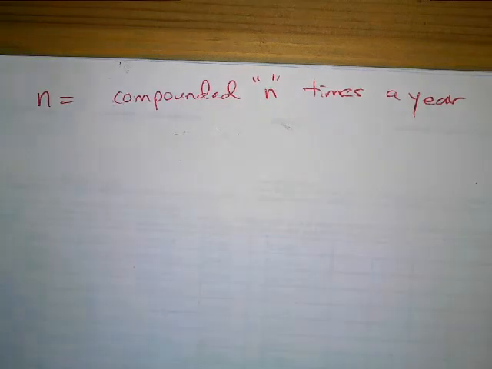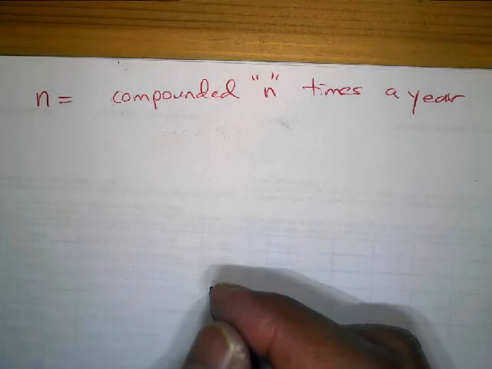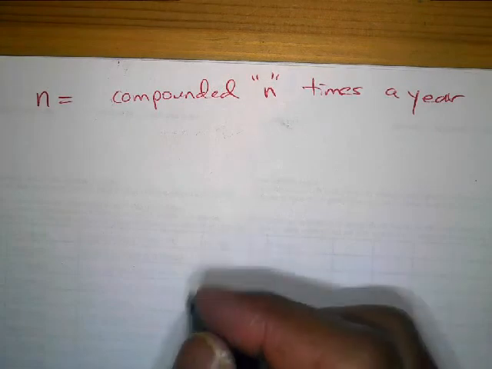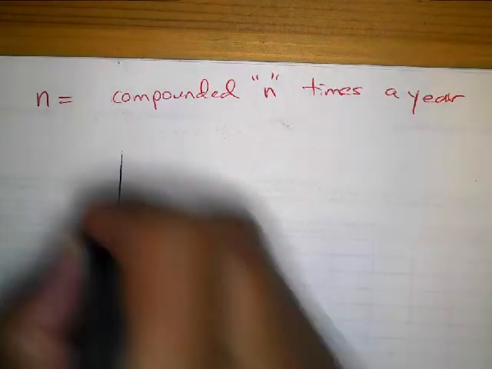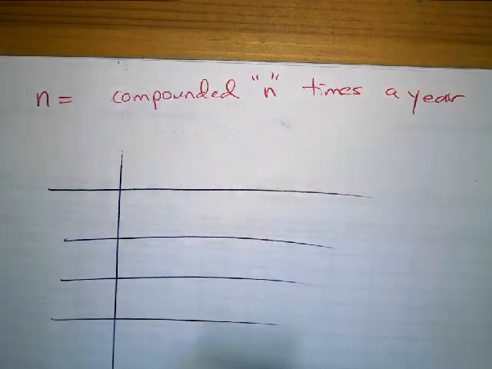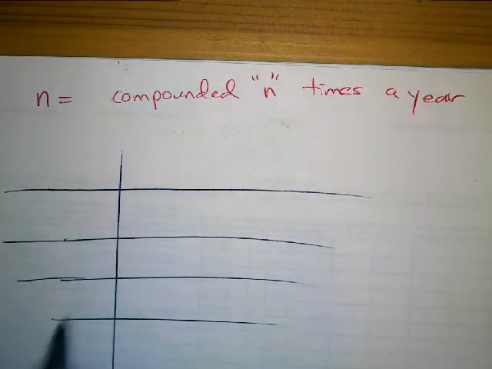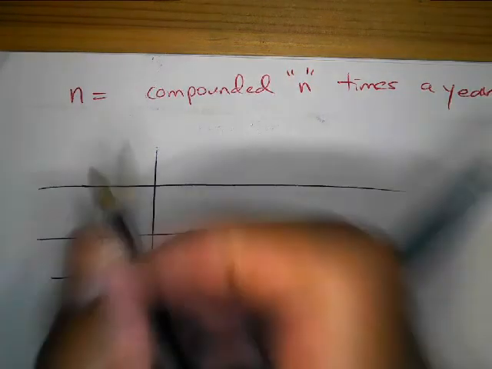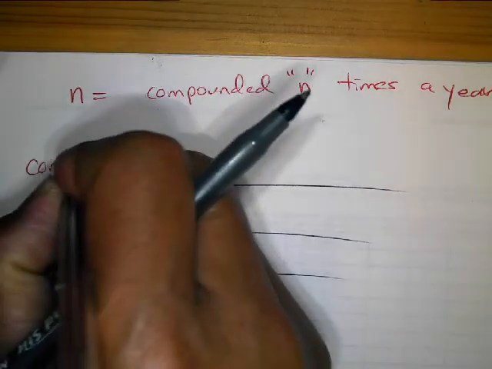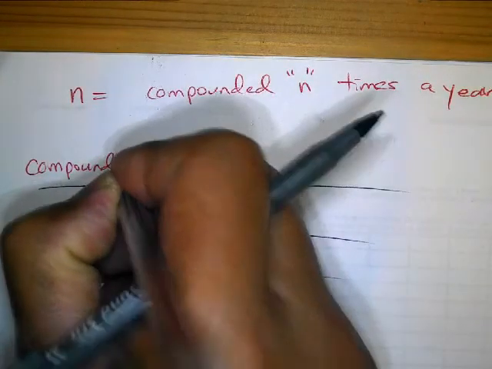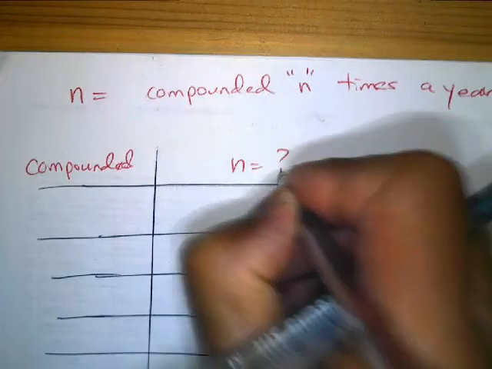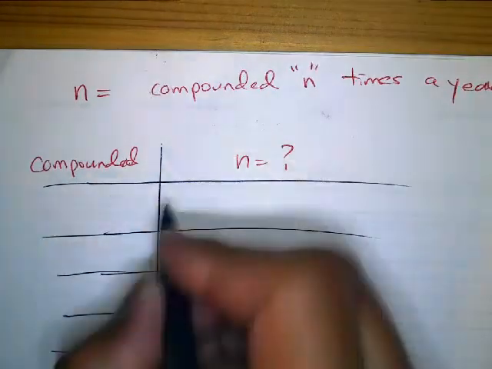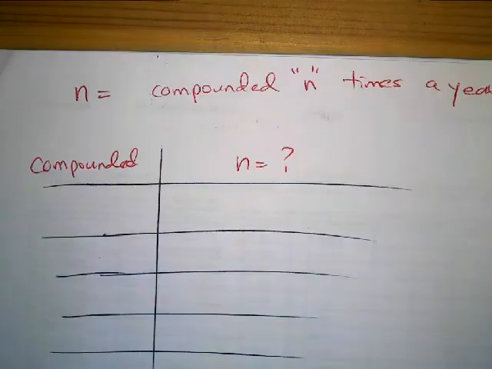All right, so I'm going to make a little chart, just to see if you get the right answer for the value of N. Let's say the problem says that it's compounded. Sorry for the sloppiness.